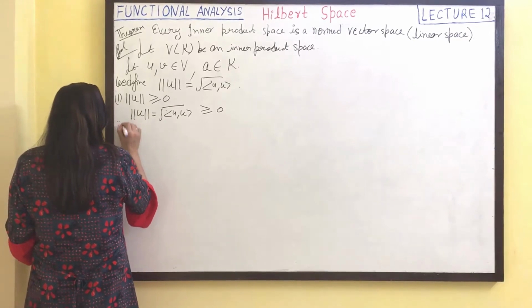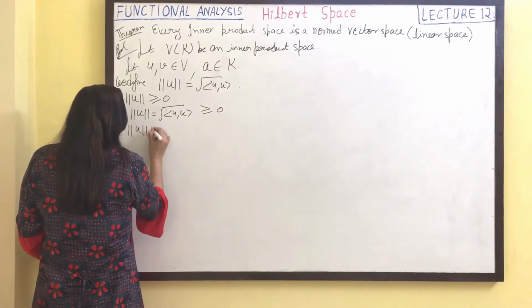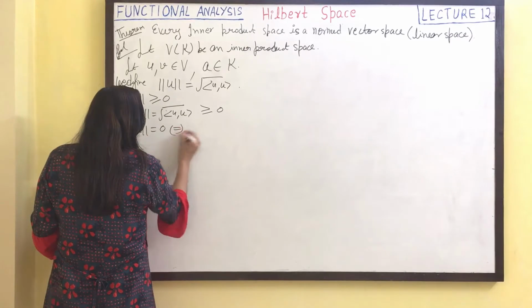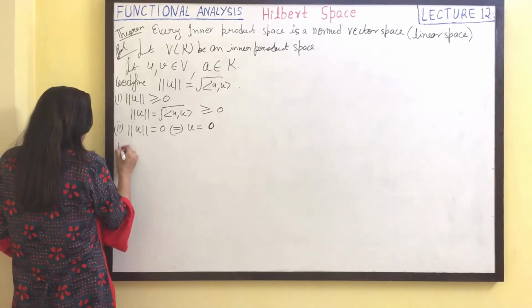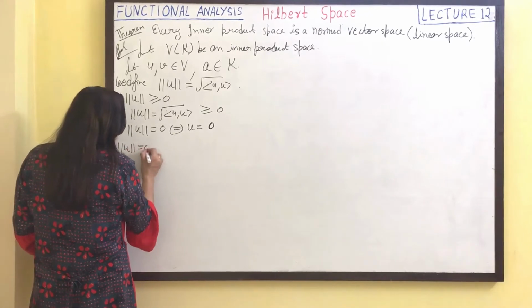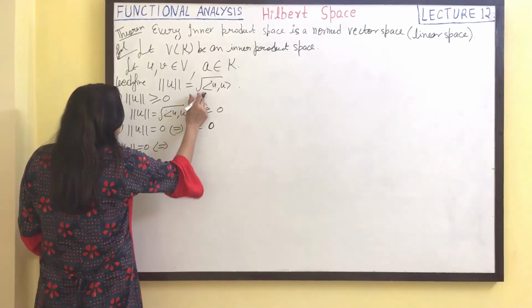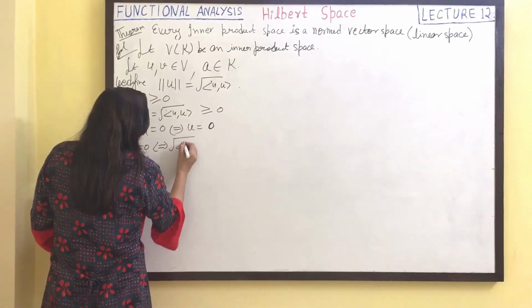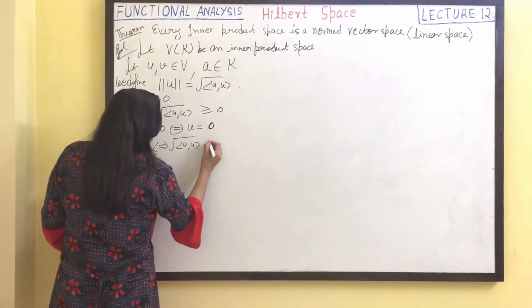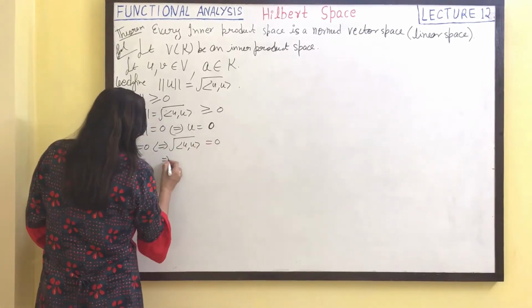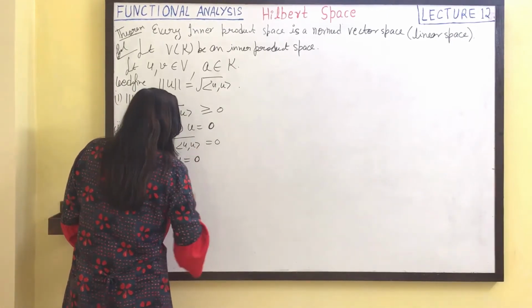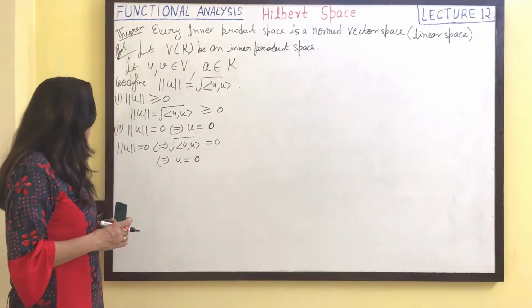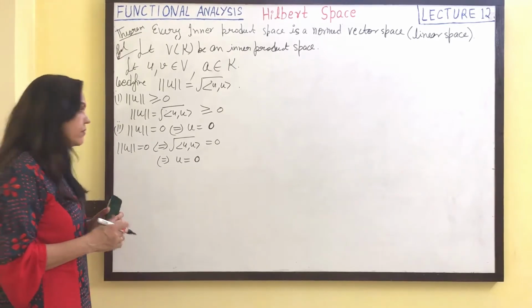Second property, norm u is equal to 0 if and only if u is a 0 vector. So again, norm u is equal to 0 if and only if square root of u comma u is equal to 0 if and only if u is a 0 vector. So the second property is also satisfied.